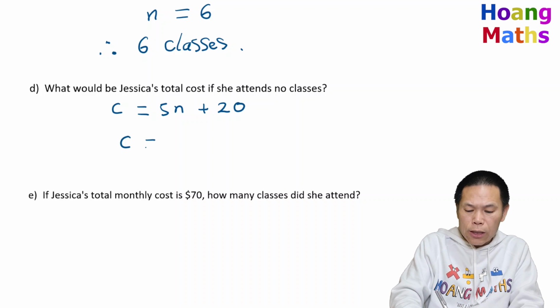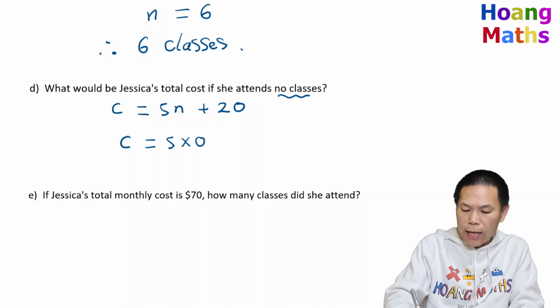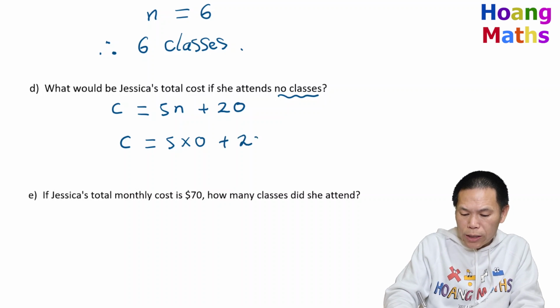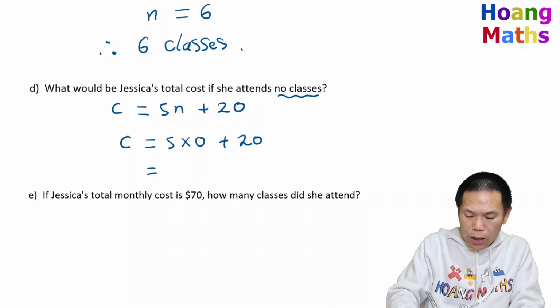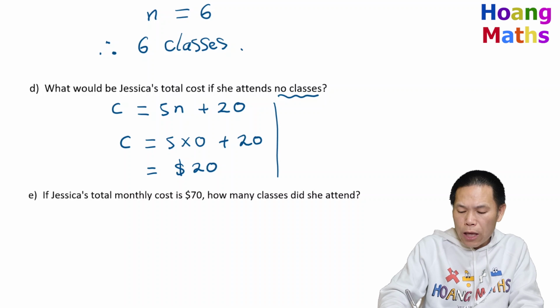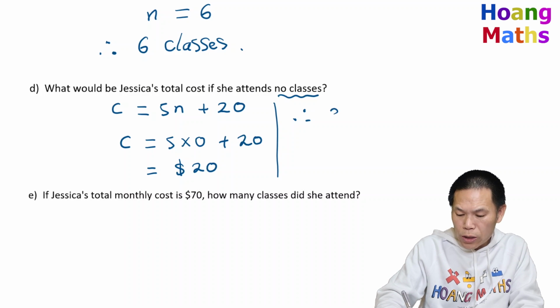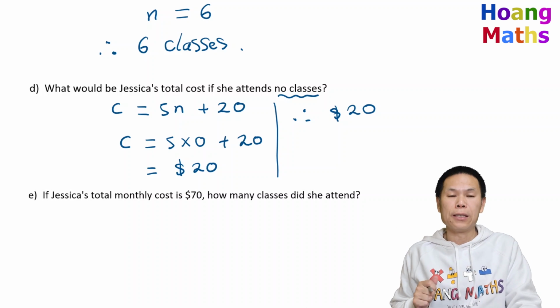So C is equal to 5 times 0 because no classes, that means n is equal to 0, plus 20. So that will give me $20. So let me write here. Therefore, Jessica has to pay $20. That is just the monthly fees. Okay, keep that in mind.